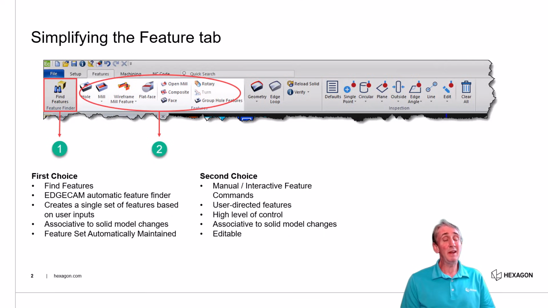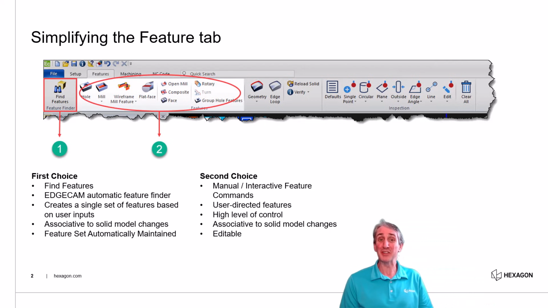I can create as many interactive turn features as I wish. They are associative, meaning if there's a design change, they will update, and they're editable. So I can edit them and rebuild them to be based on different geometry if needed, which can be a very powerful tool in my box as well.